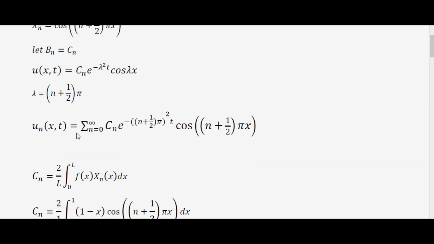Okay, the question asks us to show that u(x,t) equals the summation of n equal to 0 to infinity.